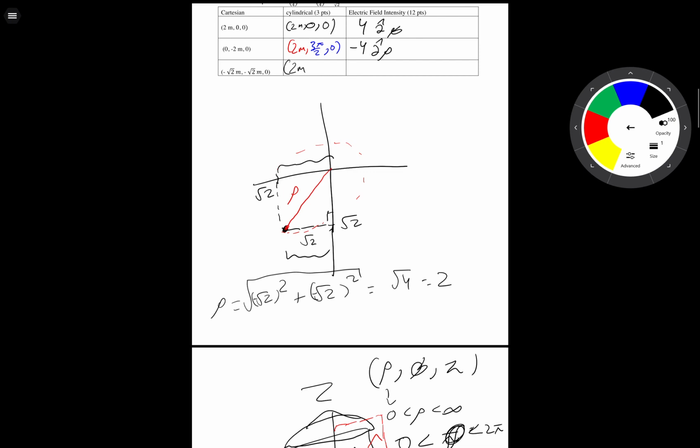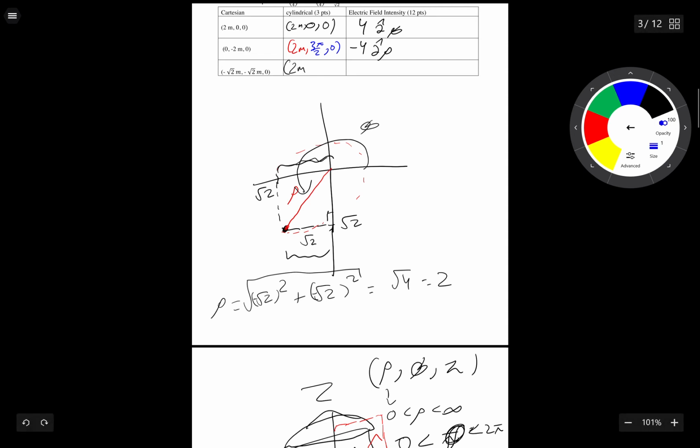Now let's see what our phi component is. So the angle the x-axis makes with this rho. Now this theta, we know it's going to be in the third quadrant, so it's going to be bigger than pi and less than 3 pi over 2. So to calculate this, we can use this symmetry we made. So we have a right angle triangle, and we know the value for this section.